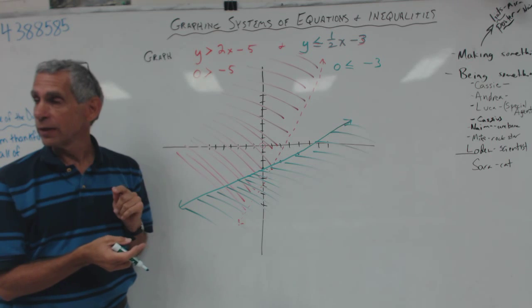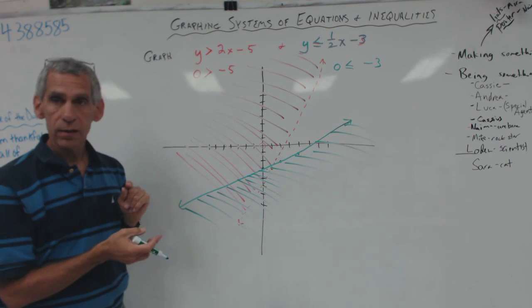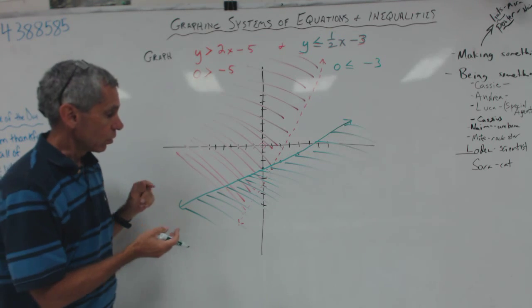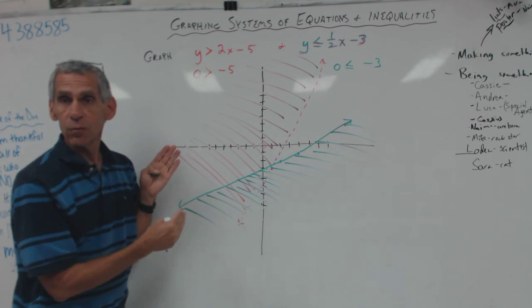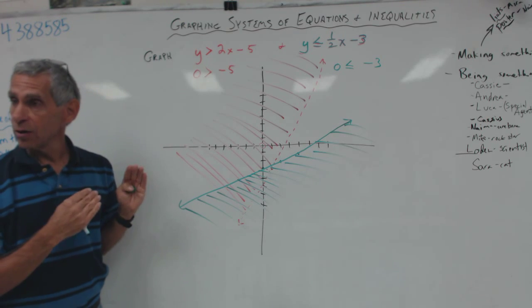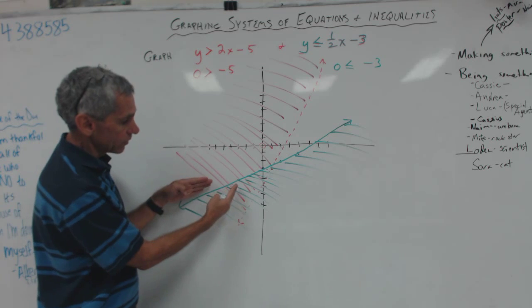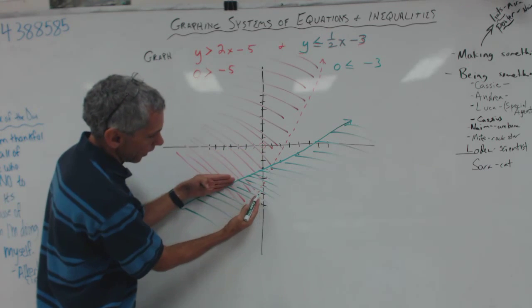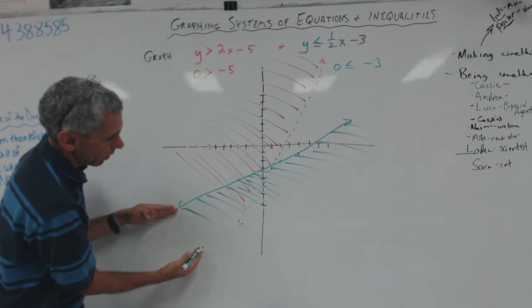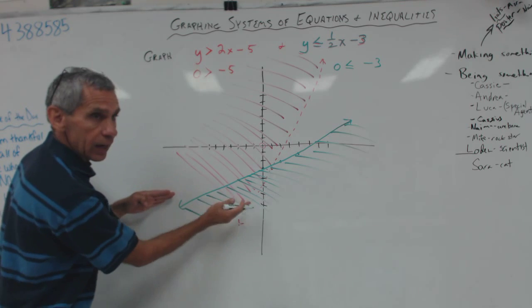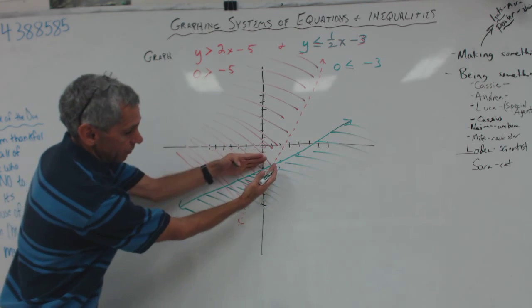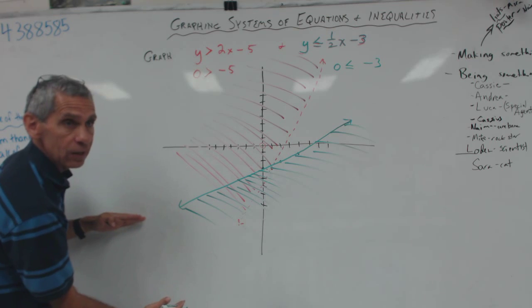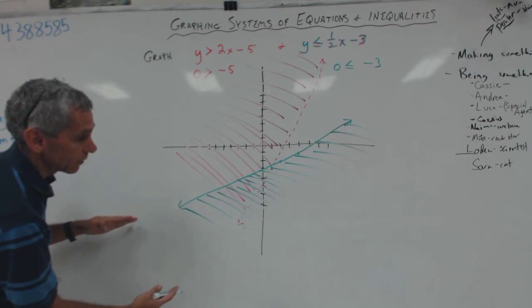An infinite number of points. So, can you see where they're both shaded together? Where they have the cross shading? See this little triangle here? Right there, you have both the red shading and the green shading. That's your answer. It's an infinite number of answers, but it's that little area.